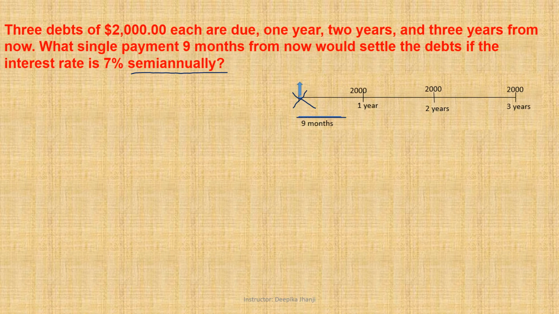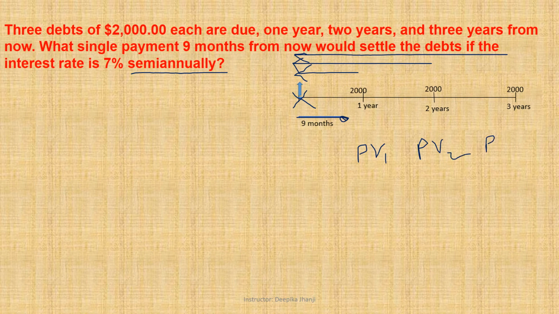Our steps would be: we calculate the PV of each debt of 2000. Once we get PV1, PV2, PV3, we add them up. That gives us the total present value of all three debts, and then we calculate the future value of this total after 9 months.